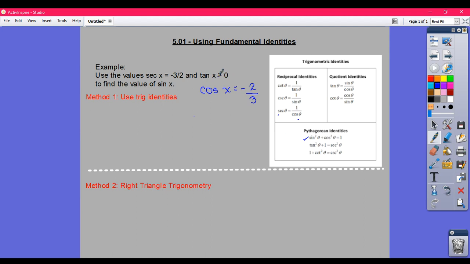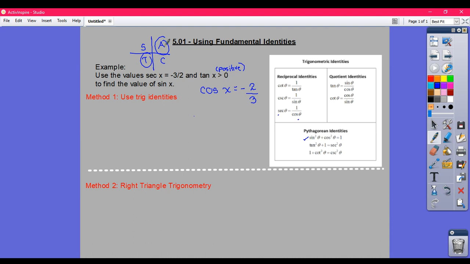So what's pretty much the point of knowing that tangent is greater than zero? Well, from here, remember your unit circle. There are two quadrants where tangent is positive, which is what greater than zero means. So positive. Those quadrants are quadrants 1 and 3.